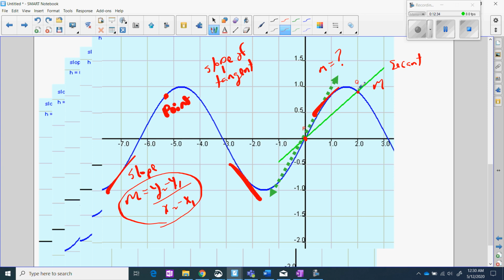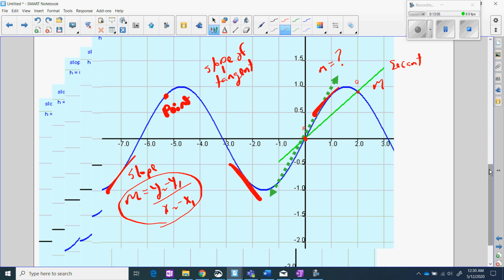However, if I drew that point way over here and found the slope of this green line and said, for example, this has a slope of 2/5, well, the slope of this secant, being, let's say, 2/5, is quite a poor approximation for the slope of this line, because you can see that it's nowhere near the slope of this line. When they have different steepnesses, they have different slopes.